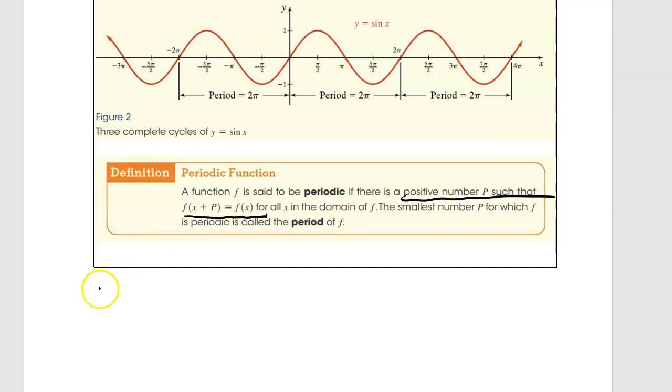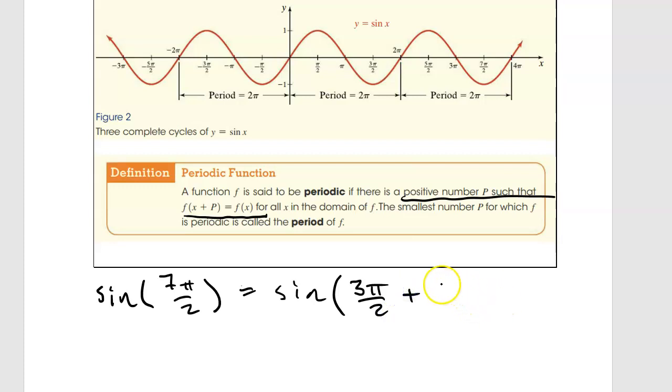When I did sine of 7 pi over 2, this is the same thing as sine of 3 pi over 2 plus 2 pi, right? 3 pi over 2 plus 2 pi, that's just 7 pi over 2. These are coterminal angles. And we already talked about how these will give you the same exact output.